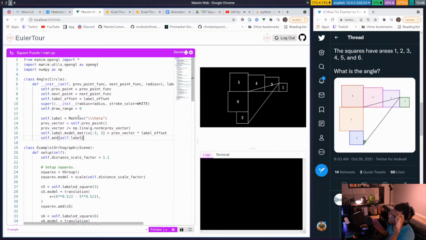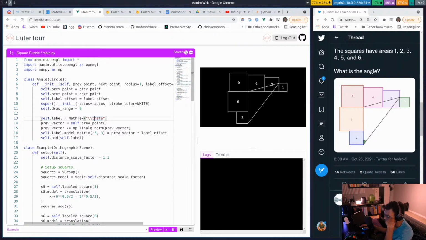The question is, like, if I were to update this, how would I do it? I guess I would have to take another previous point and another next point. And that's what I would have to do. But for now, I don't want this to be a function. Maybe we'll offset equals 1.2. Label equals theta, that's fine.